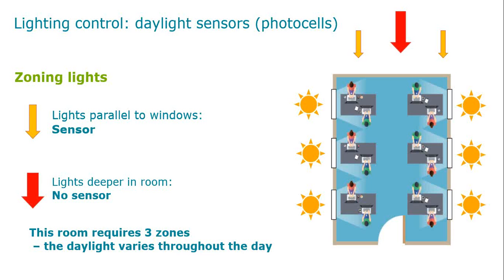It's to do with the size of the windows and so on, so you can't change that. So nearly always in the centre of offices there will be a requirement for fixed artificial lighting. But down the sides, if you could fit photocells in two different zones there, then you'd get a big benefit.